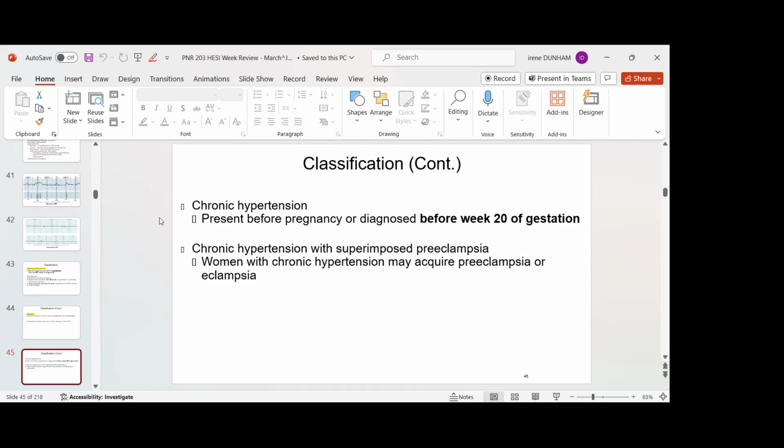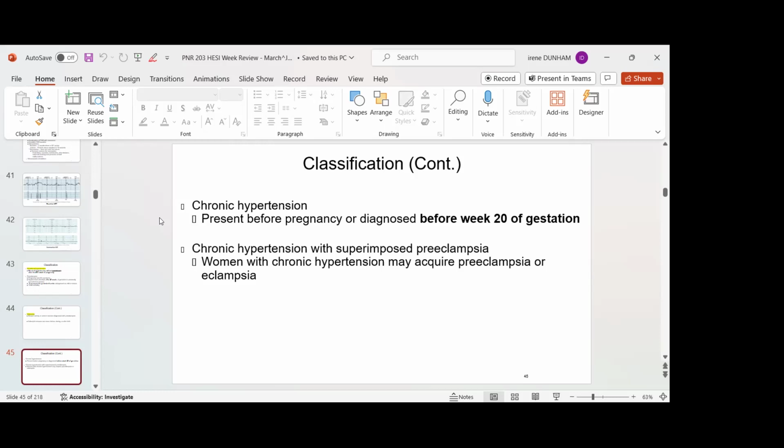Okay. Chronic hypertension, just like it sounds, is chronic. It was there before she got pregnant, or it got diagnosed before 20 weeks gestation. Remember, preeclampsia is specific to pregnancy and it occurs after 20 weeks.